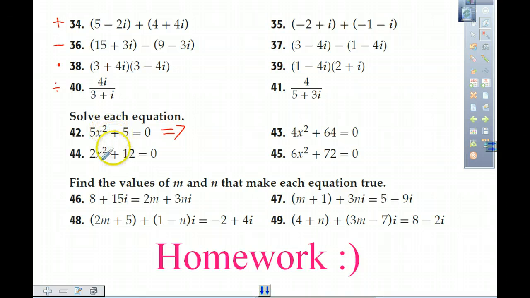Notice how these equations don't have any b values. Just a equals 5, c equals 5. There's no like 5x squared minus 2x plus 5. It's just 0 in the middle. When you have it set up this way, you don't actually have to do quite as much work as we're normally used to. You do the old-fashioned way, get the variables on one side, the numbers on the other. 5x squared equals -5.